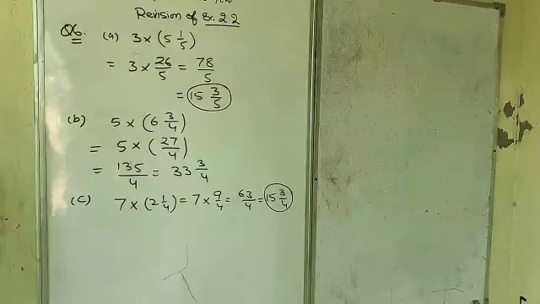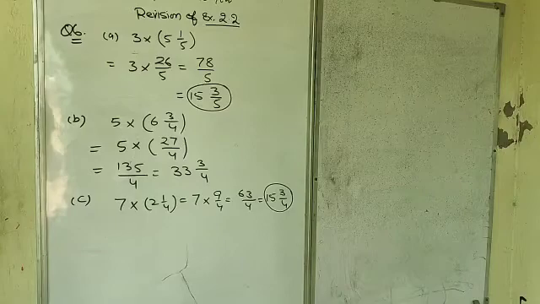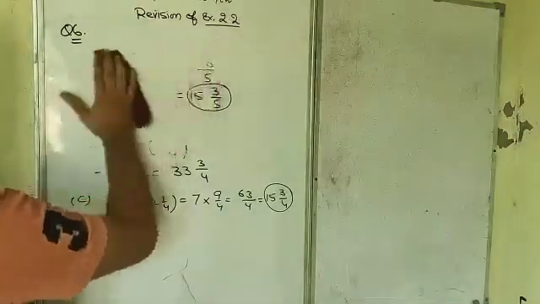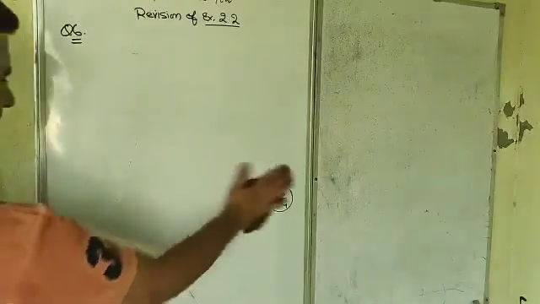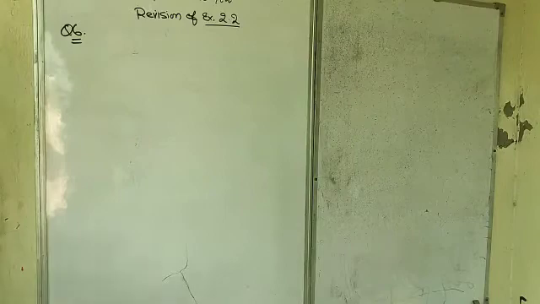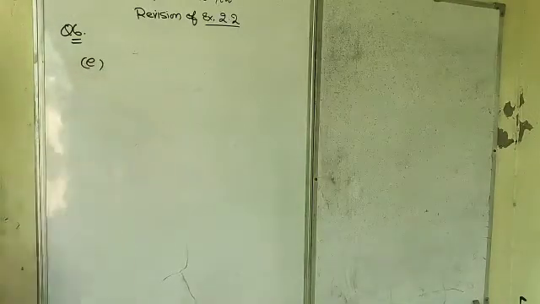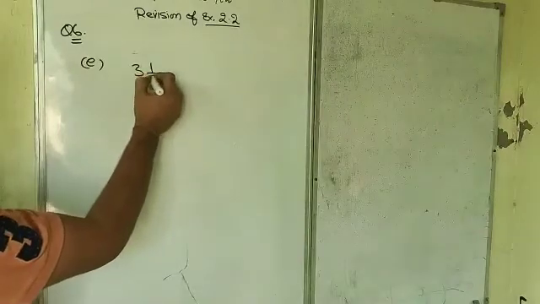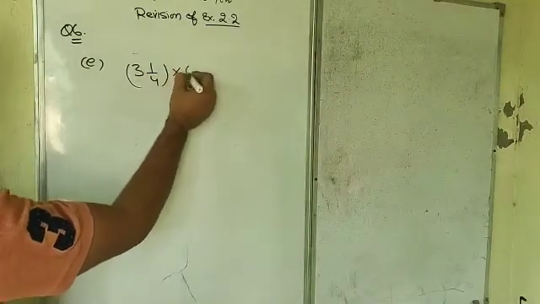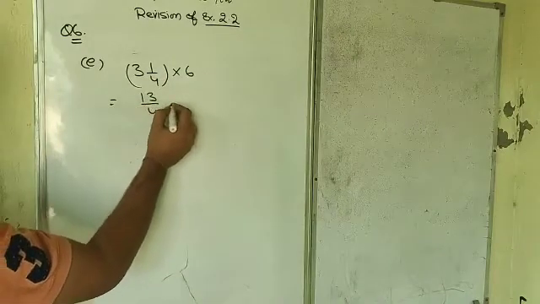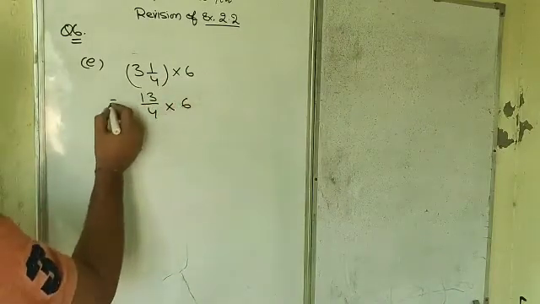One more question that I have to solve is, let's solve part number E. Okay. Let us solve part number E of question number 6. 3 is to 1 by 4 multiplying 6. 3 4s are 12 and 1 is 13 by 4 multiplying 6.